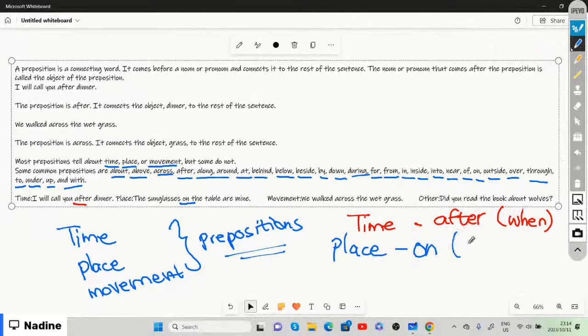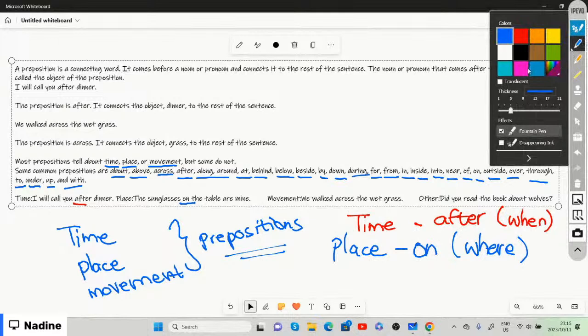And on tells us where. So it's like you're asking, where is my sunglasses? Sunglasses is on the table, and the table being the object, right? And remember, we said with time, it basically tells you when. Place tells you where.